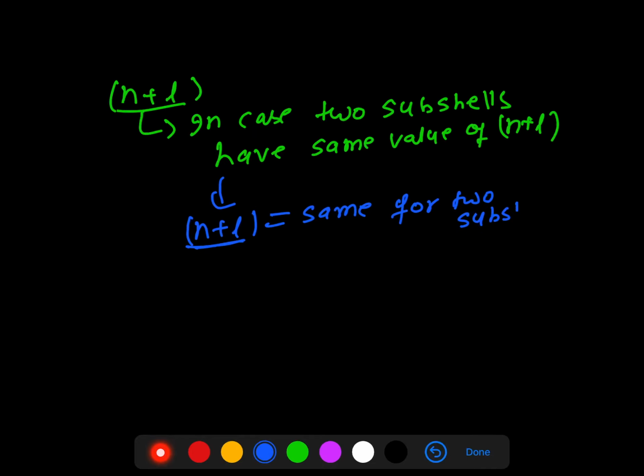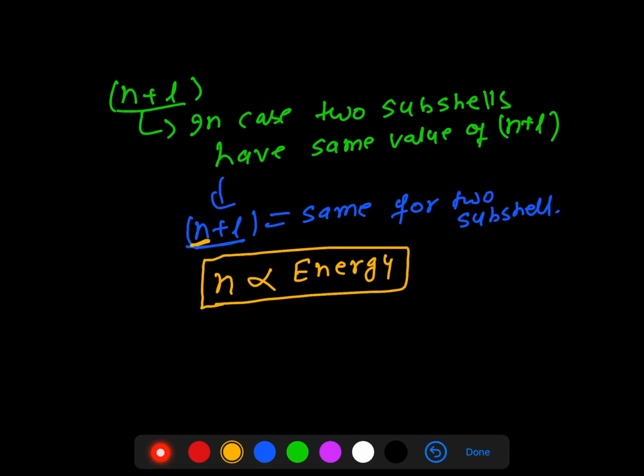In that case, the energy will be decided based on the value of the principal quantum number, n. Here n will be directly proportional to the energy. The one which has the higher value of n will have the higher energy. The one which has the lower value of n will have the lower energy.